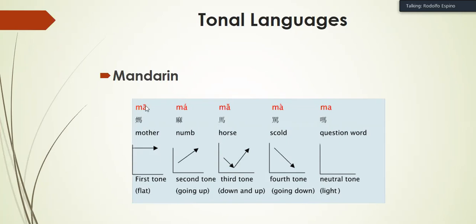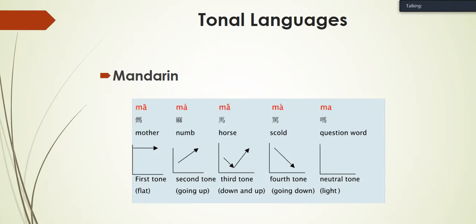Like for example, for mother, the first tone, which is a high tone, high and steady. You just keep it high. You say ma, okay, ma, that's mother. For the second word, if instead of ma you say ma, as if you were asking a question, ma, then you're not saying mother, you're saying numb.